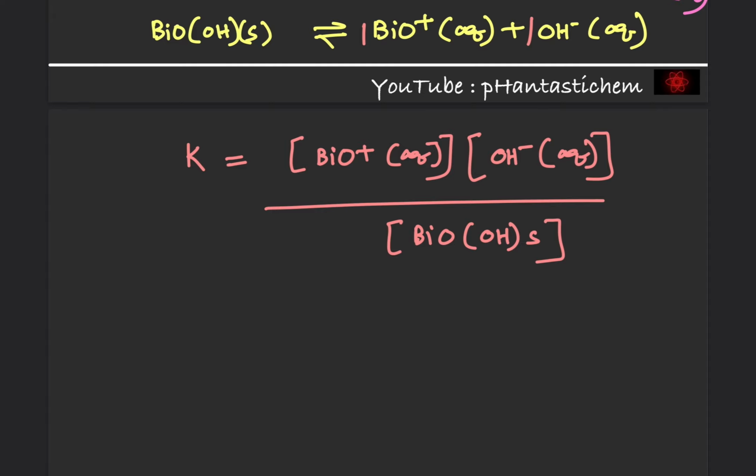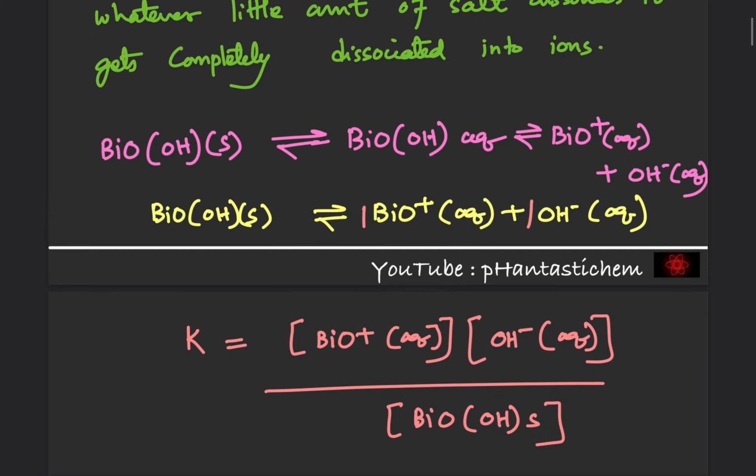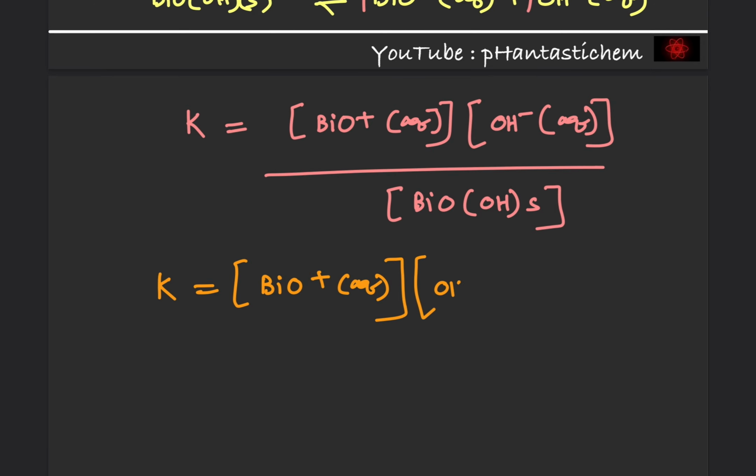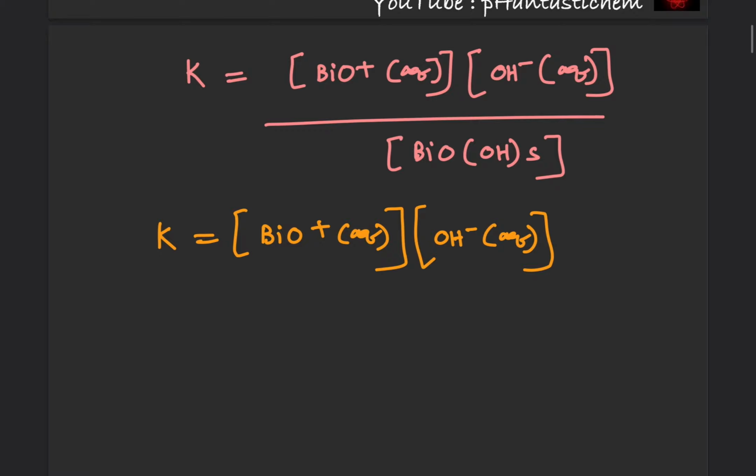Okay, since the concentration of the undissociated or left solid remains constant, therefore we can write K is equal to BiO plus aqueous into OH minus aqueous, and K is given to us as 4 into 10 to the power minus 10.